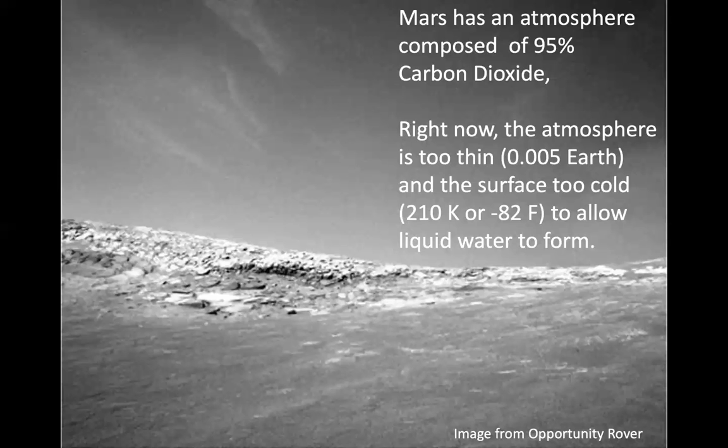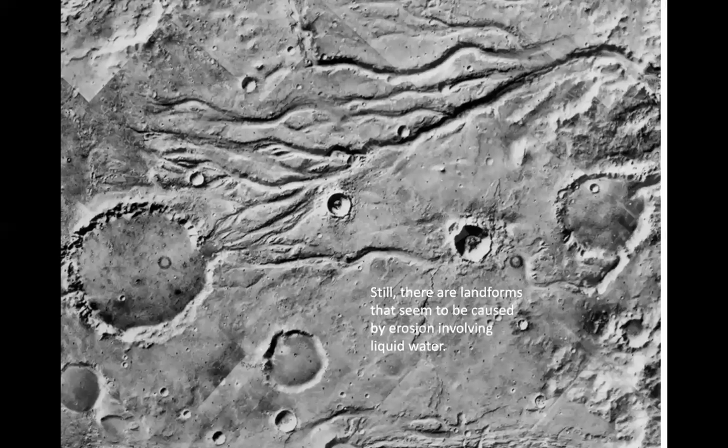unpleasant for Earth-based life. But what's interesting is that there is also evidence that it hasn't always been that way. If we look at satellite pictures of Mars, we start to see features like this.